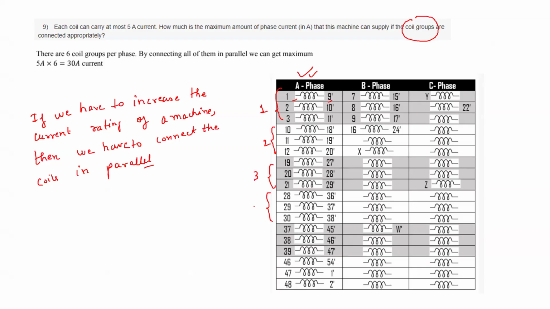Let us say A phase. Four, five coil group, six coil group. So coil groups per phase are equal to the number of poles.